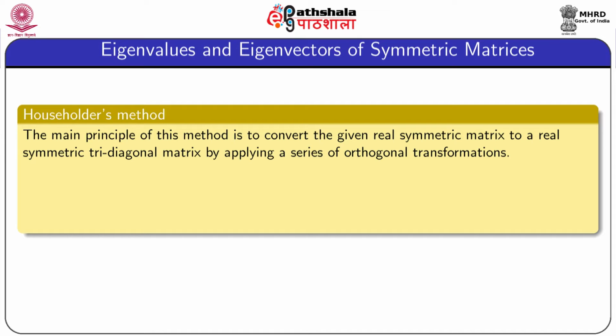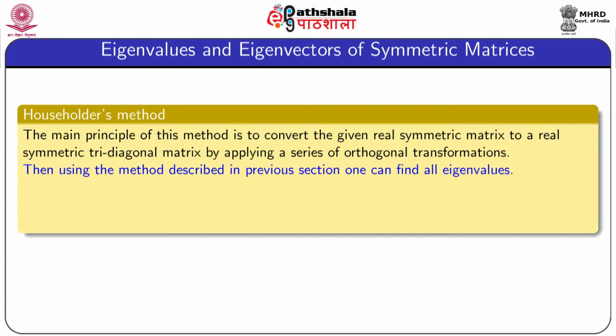Now we explain the Householder method to find the eigenvalues of a real symmetric matrix. The main principle of this method is to convert the given real symmetric matrix to a real symmetric tridiagonal matrix by applying a series of orthogonal transformations like Jacobi's transformation or rotations.